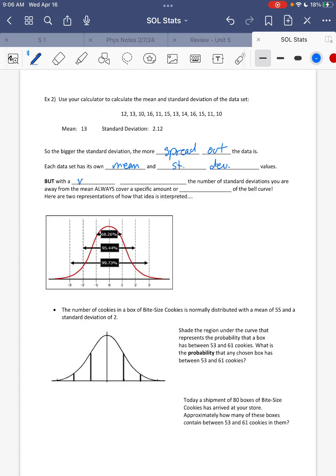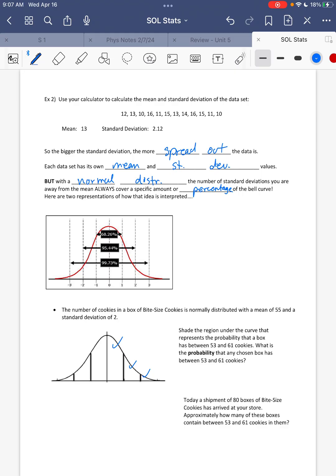But with a normal distribution, the number of standard deviations you are away from the middle always covers a specific percentage of the bell curve, all right? These little areas right here always are the same amount because your data is normally distributed.